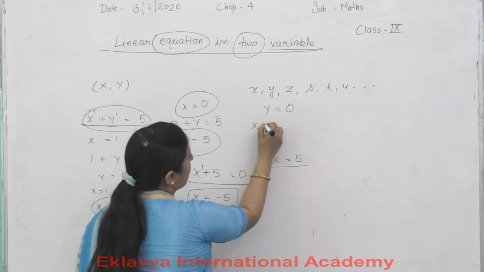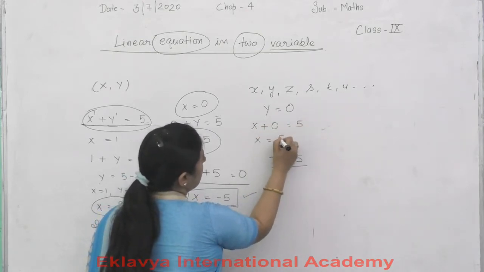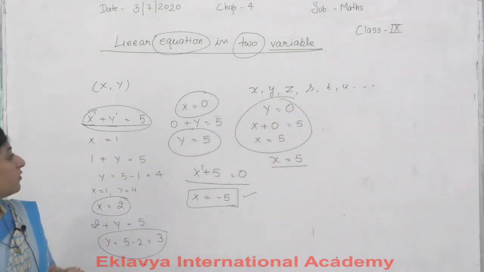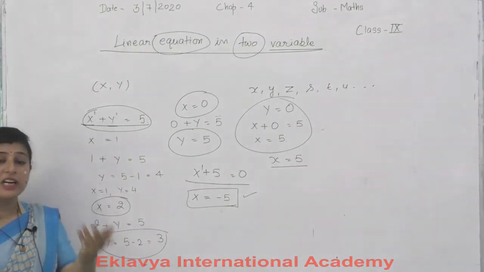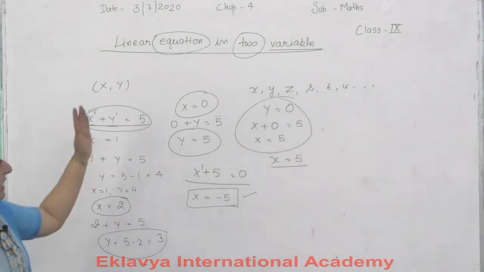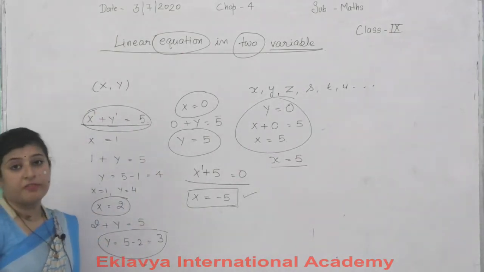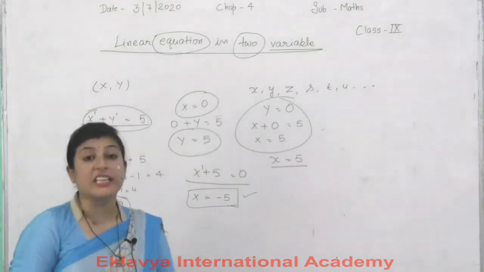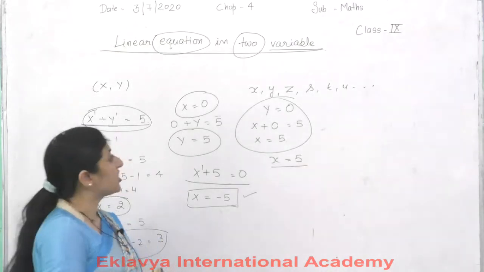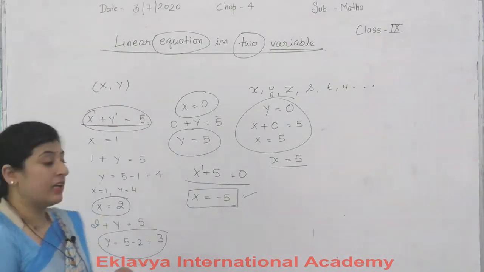Then it becomes x plus 0 is equal to 5, so x is equal to 5. We can take any value, firstly x or y, and find the corresponding value of the other variable. So how many solutions does a linear equation in two variables have? We can say it has infinitely many solutions.